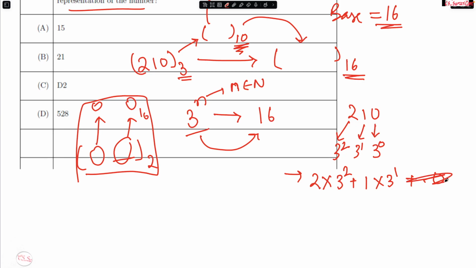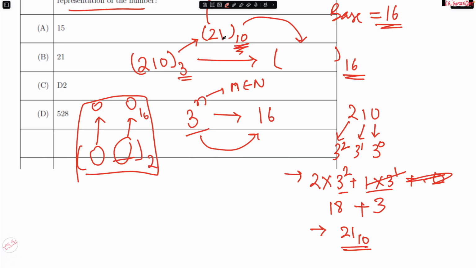So 3 times 1 is 3, and 3 squared is 9, 9 times 2 is 18. This is going to give us 21. So 21 base 10 is the actual value of this 210 in base 3.